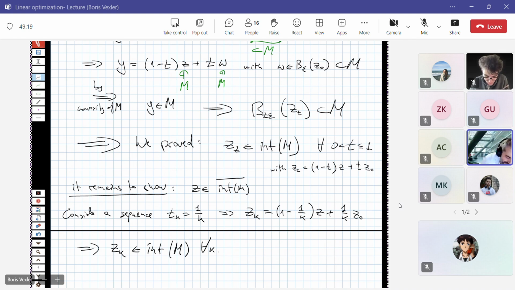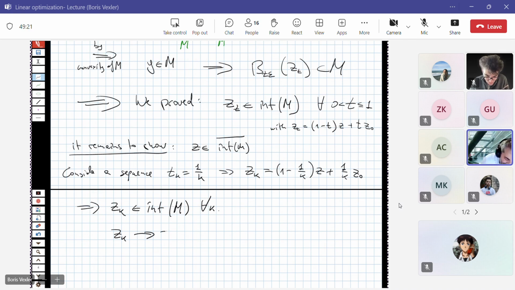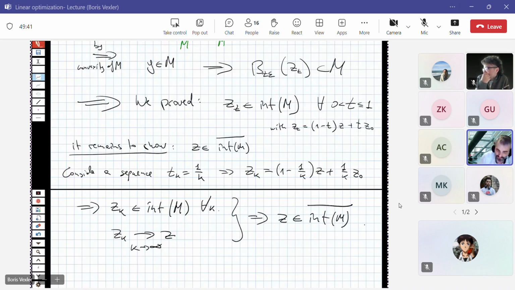What we also have is that z_k converge, of course, for k tending to infinity. What happens? This converges to 0, this converges to 0, the whole thing converges to Z for k tending to infinity. And therefore, by definition of the closure, Z is now an element of the closure of this set. And this is exactly what we wanted to prove.